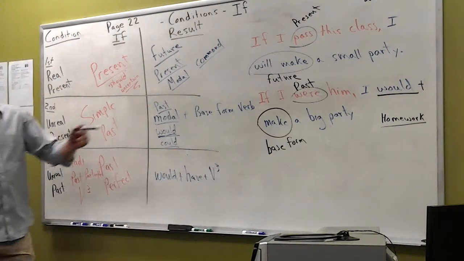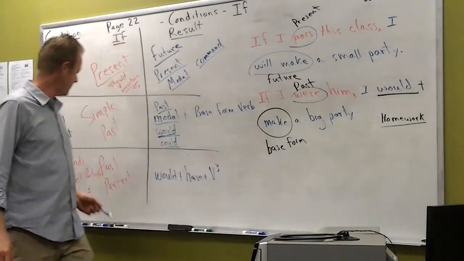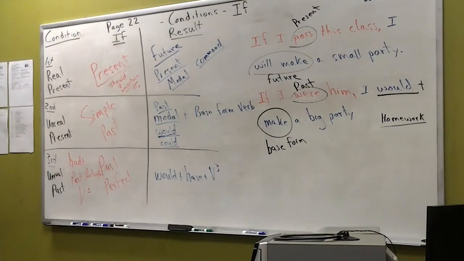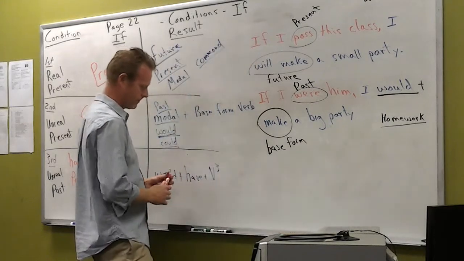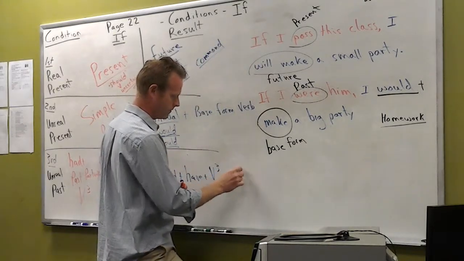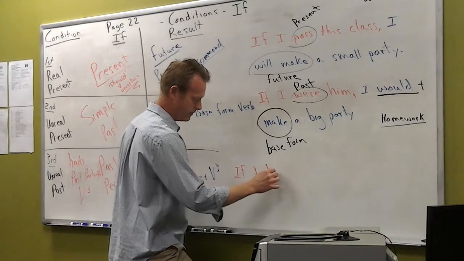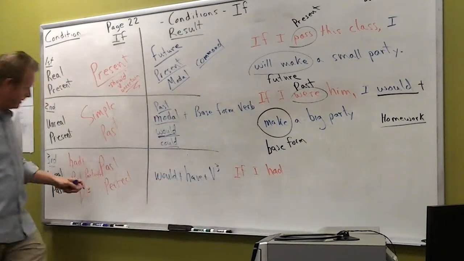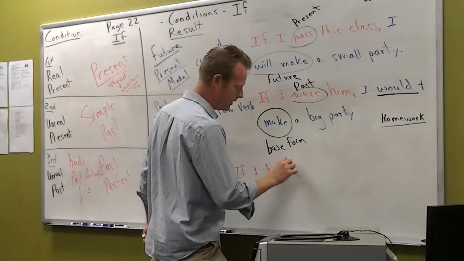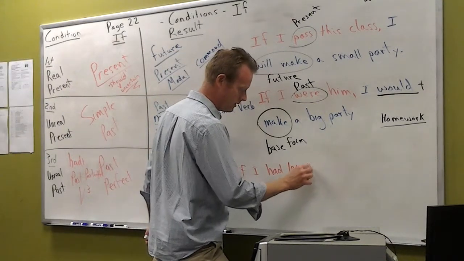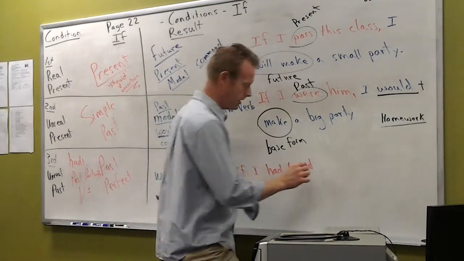Now, can somebody give me a third class? We could make it the same. Hold on. Abdurrahman? If I had $1 million. Be careful, what do you need? If I had learned many things.